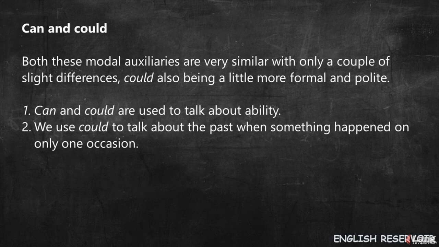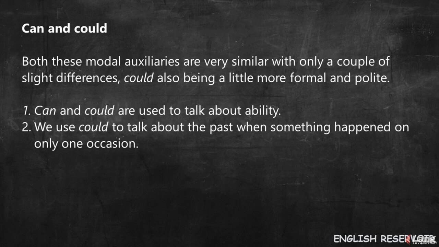Can and could. Both these modal auxiliaries are very similar with only a couple of slight differences. Could also being a little more formal and polite. 1. Can and could are used to talk about ability. 2.